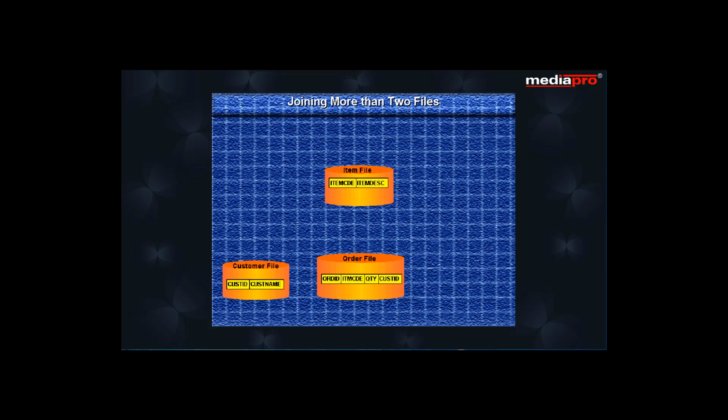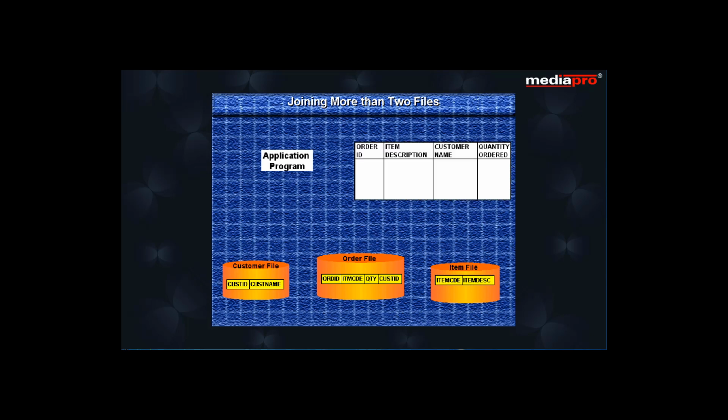We have an item master that contains the item code and item description fields. Now consider an application that is going to generate a report. For each order, it is going to print the order number, the description of the item sold, the customer name and the quantity ordered.